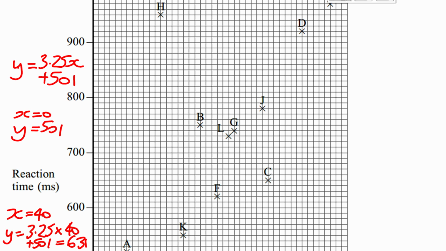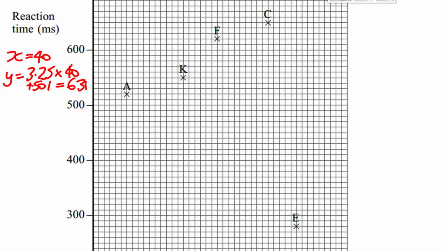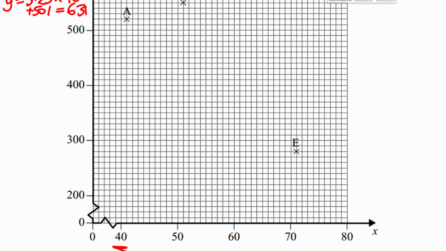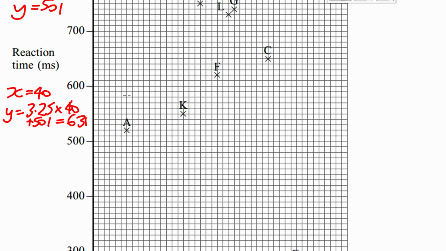So looking up our column of 40, which is where our A value is here, let's just check that. The A value is just to the left of that. It's the 5th row across, 631. So there's a point. That's one end of our regression line.